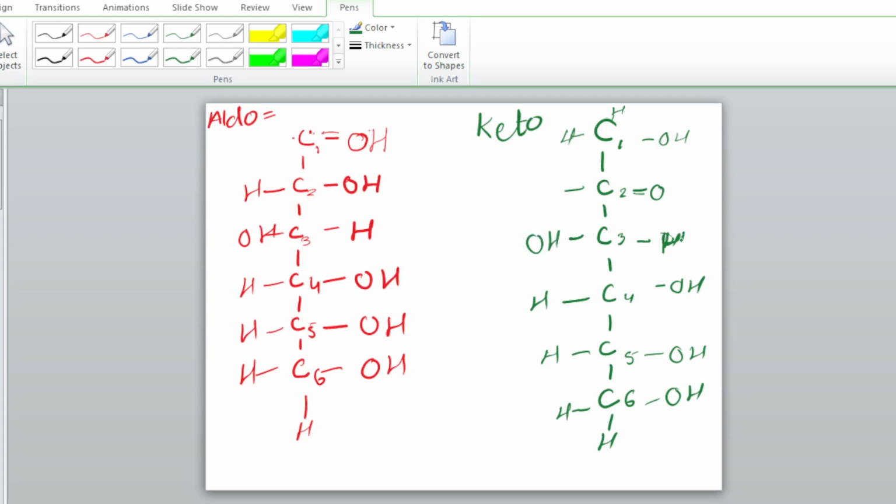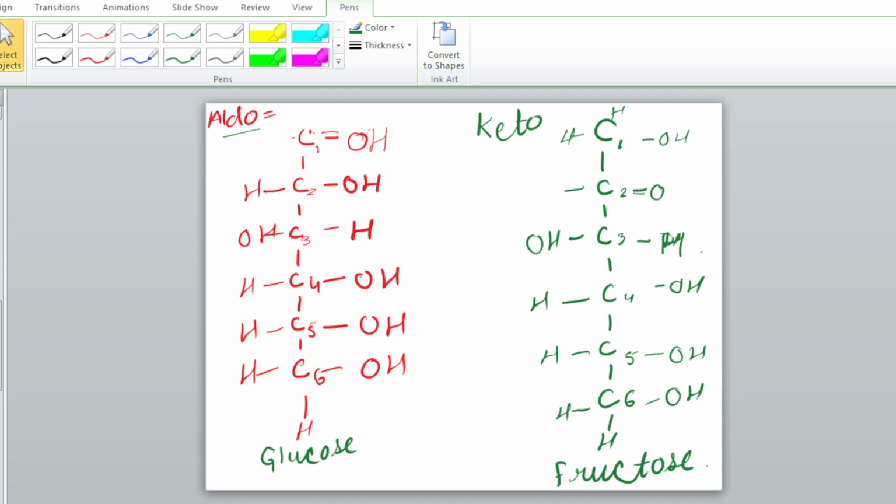This aldo sugar is basically called the glucose molecule, and this one is called the fructose molecule. This is the structure of the glucose molecule, and this is the structure of the fructose molecule.